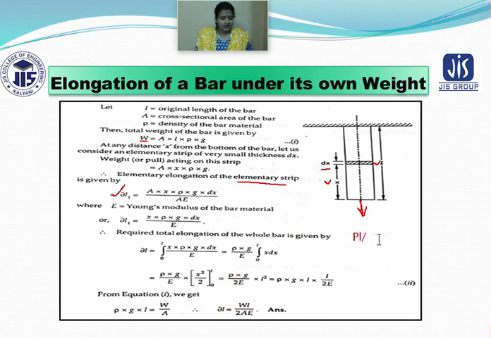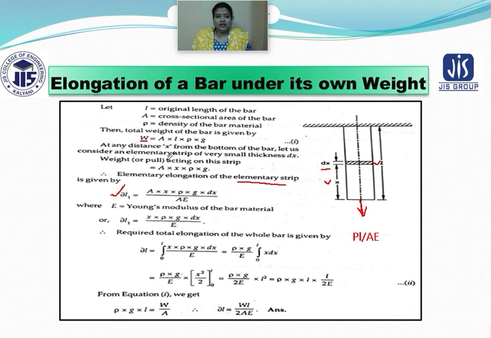by A into E. In this P into L by A into E, the P, the load, has been given to you. Load for which section? For this particular strip.